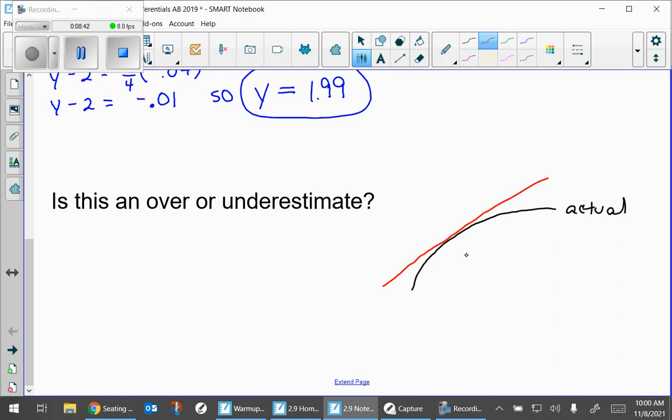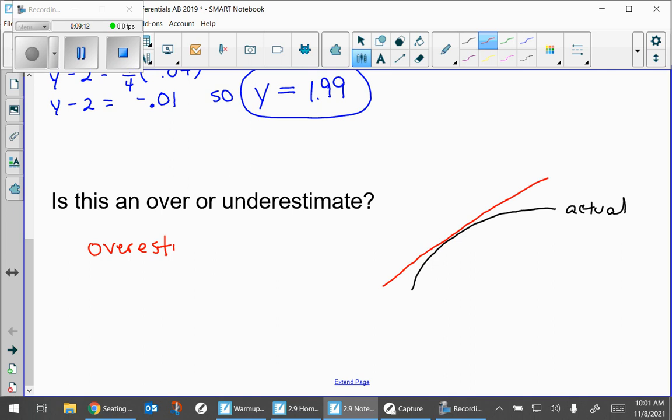Okay. I use the tangent line to predict what the value of square root of 0.396 is. Where is the tangent line compared to the original function? It's above it. If I choose points on that red line, where are they? Are they overestimates or underestimates? Overestimate.